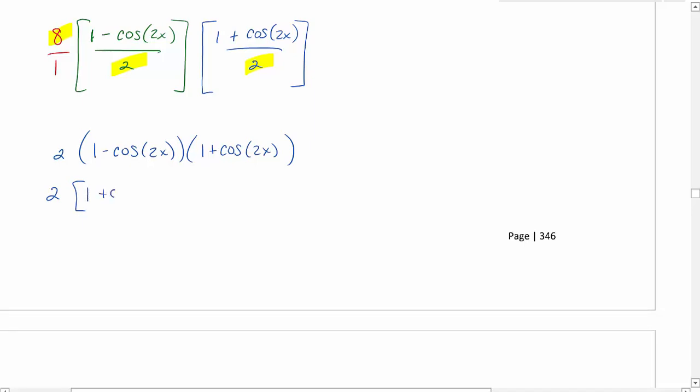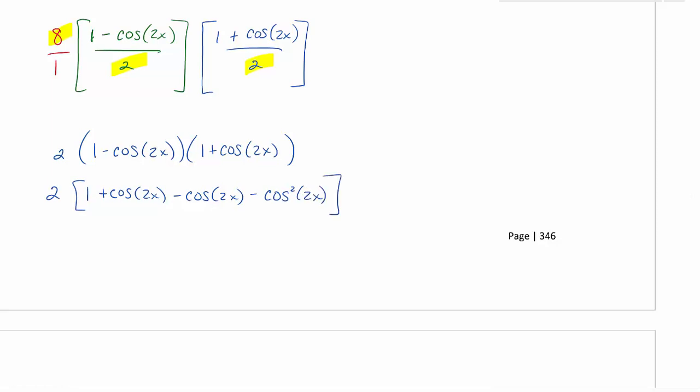1 plus cosine of 2x minus cosine of 2x minus cosine squared 2x. Combining like terms, we see our middles fall out. This is 2 times 1 minus cosine squared 2x.